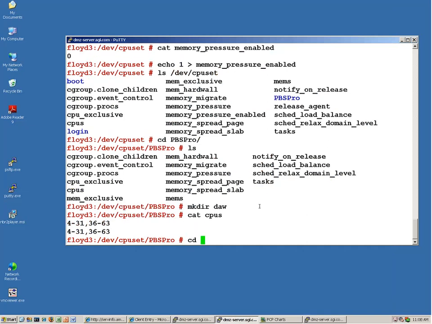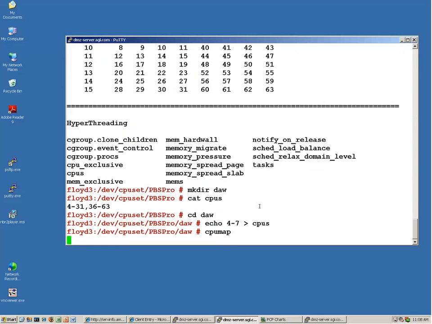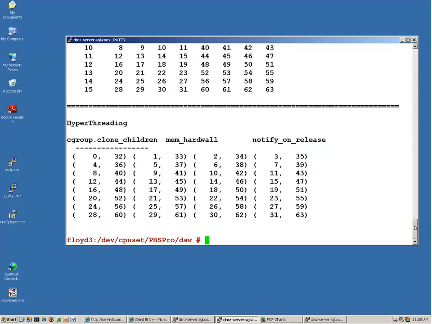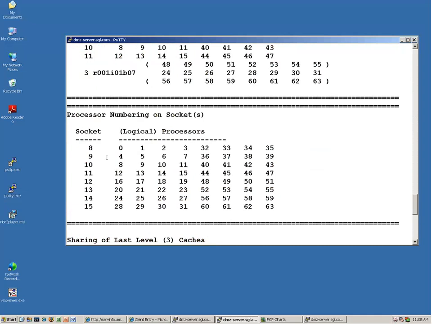I'm going to echo 4 to 7 into CPUs, and I'm going to echo, that should be node 1, I think. Let's just check here. CPU map, 4 through 7 is the second socket, socket 1. Again, these are within the system, not offset to the partition. So I'm going to take this as my CPU set for this example.